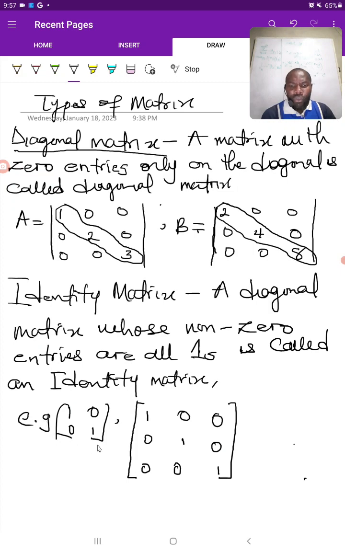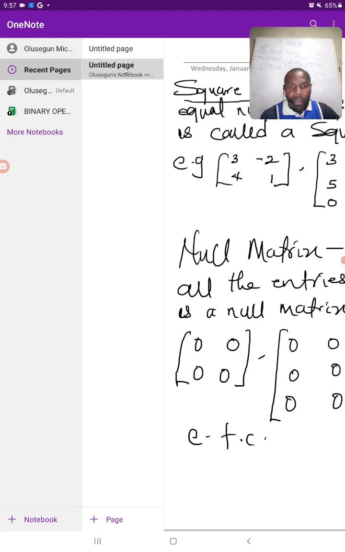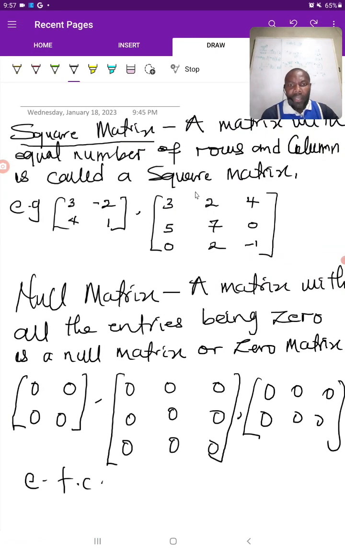This is a 2 by 2 square matrix, so it's an identity matrix. You realize that we have 1 0 0 1. This is a 3 by 3 identity matrix: 1 0 0, 0 1 0, 0 0 1. So that is how it continues.